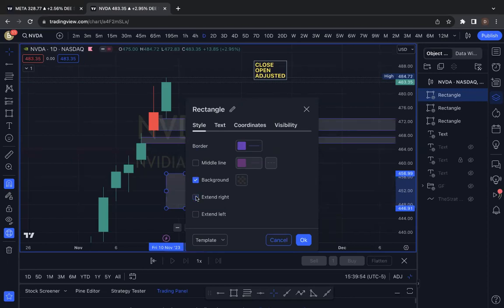I have it extended right, because if you extend it right, then you know where price has to come back and visit at some point in the future. There's no point of extending it left, because if it's left, price already completed that gap. You only care about what's happening in the future, not the past.